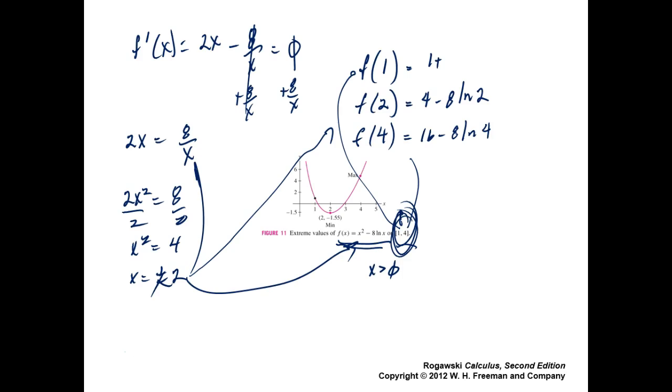Yeah. There it is. Oh, that's a comma. Okay.